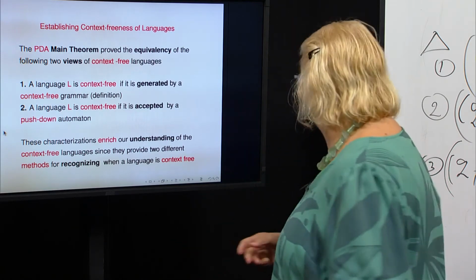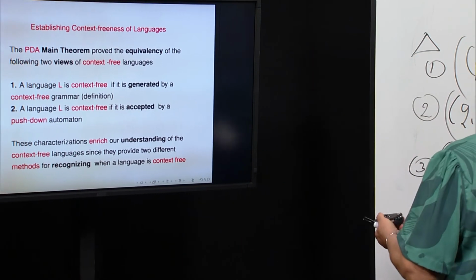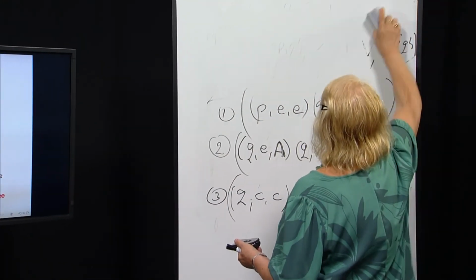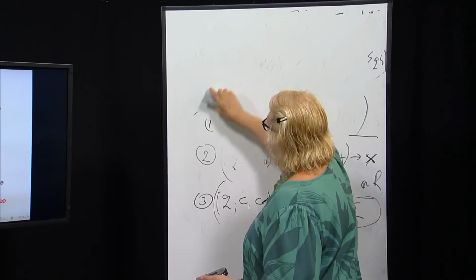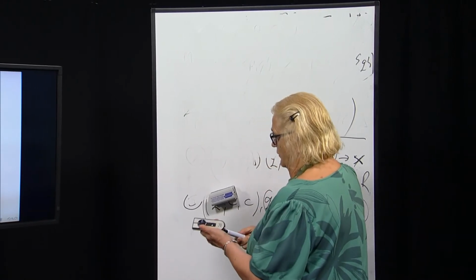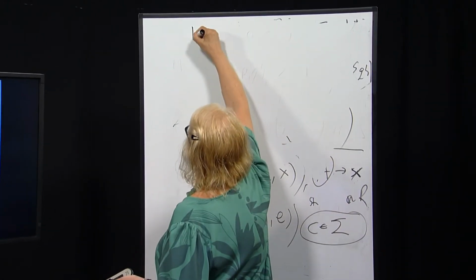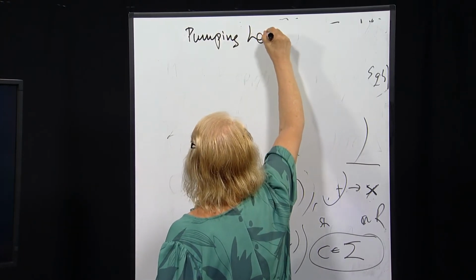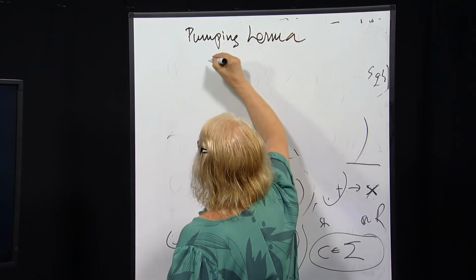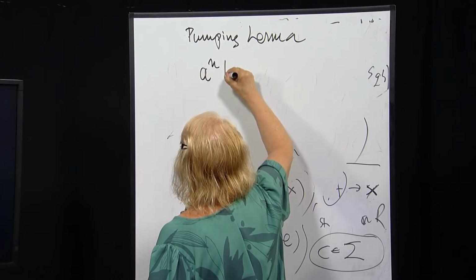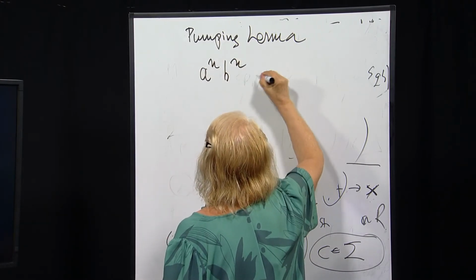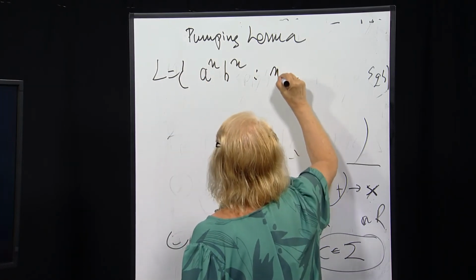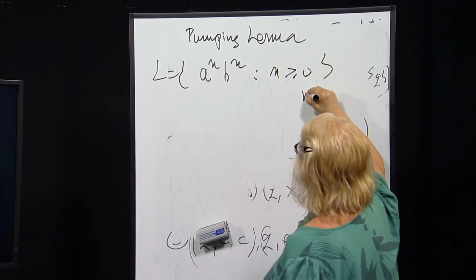And remember our first language, which we used with the pumping lemma for regular languages. We proved, using the pumping lemma, that A^n B^n is not regular.